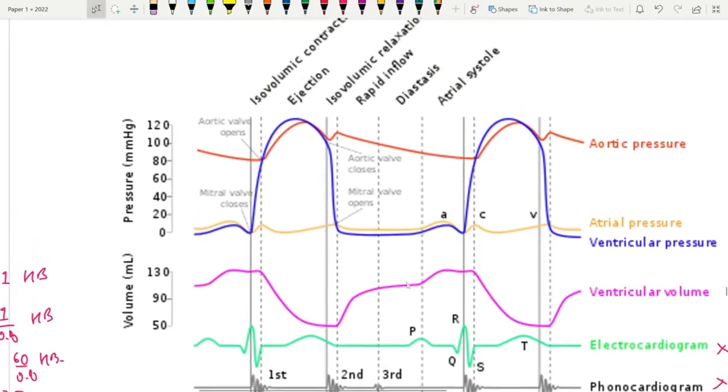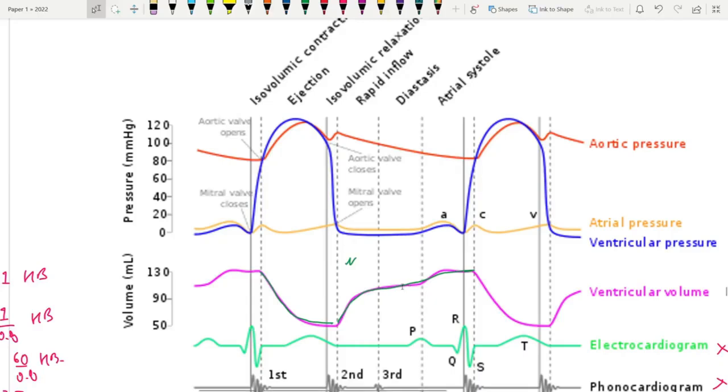Look at the ventricle volume. It's full over here. Then it contracts to let everything go. But then, right after the atria start contracting, blood enters into the atria and into the ventricle, and it becomes full again over here. And then it contracts again.